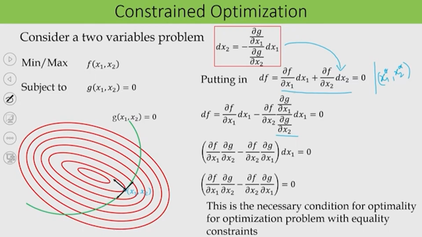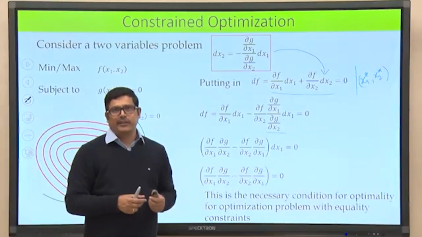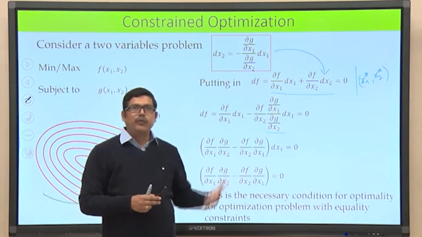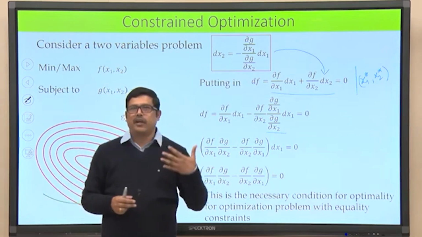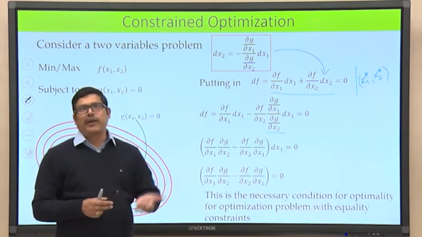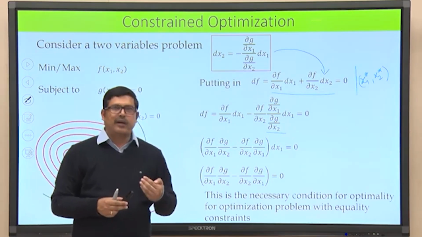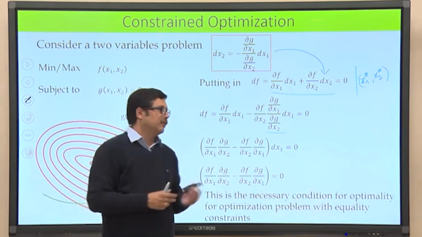Okay, we have derived the necessary condition, but the question is that it is actually not convenient to use. So let us see how we can use this in a more convenient way for finding the optimal solution of a constrained problem having an equality constraint.